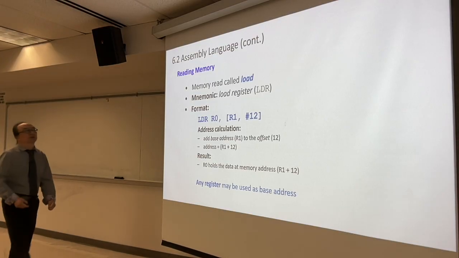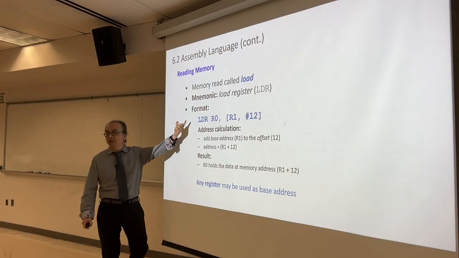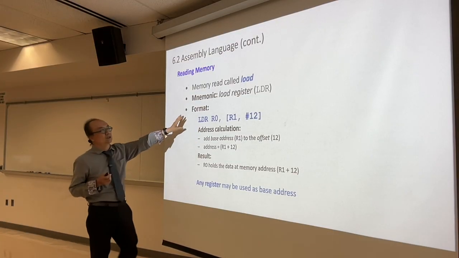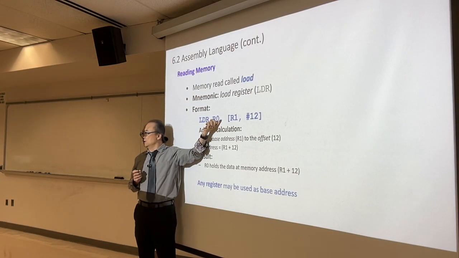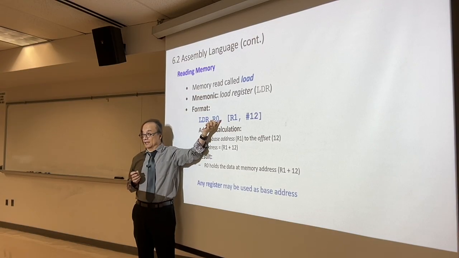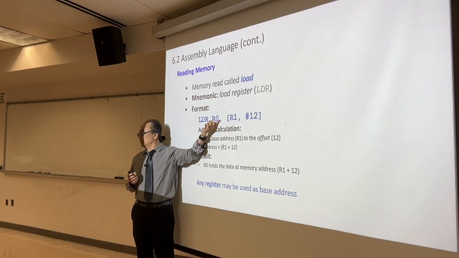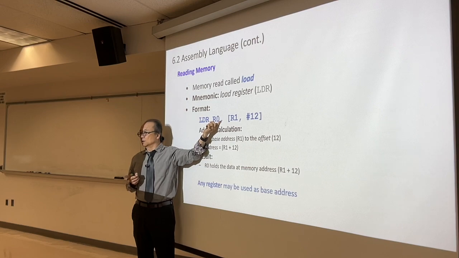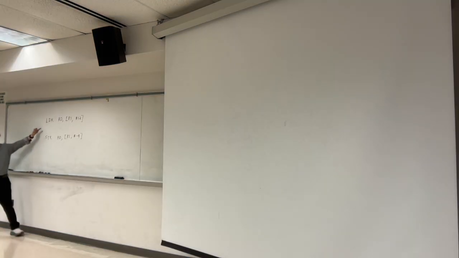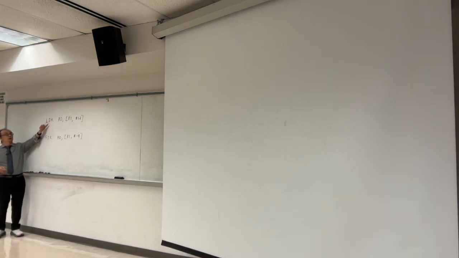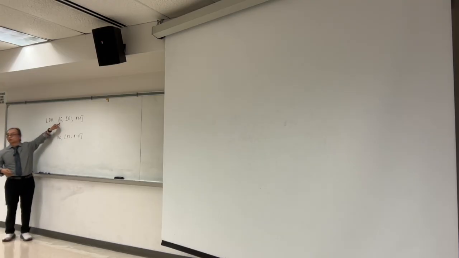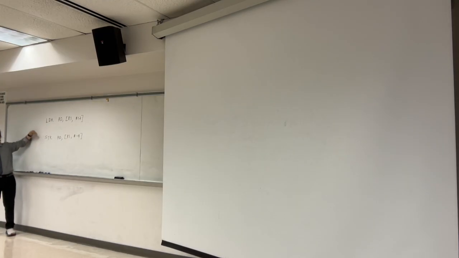So last time we talked about LDR and STR. In the instructions, the first register is going to be our destination register all the time except for STR. So this one is loading to register from where? Memory. These are the two instructions.